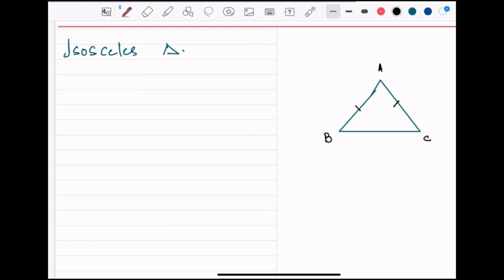Now, the labeling that I am doing here shows that these two sides are equal. That's why I marked with a different pen. But for BC, either I leave it open or I mark it with some different symbol that should not coincide with the other two sides.